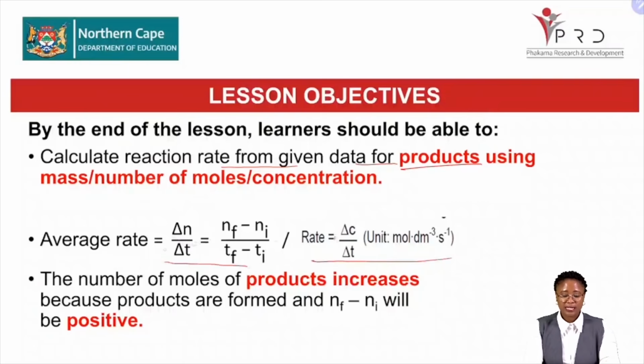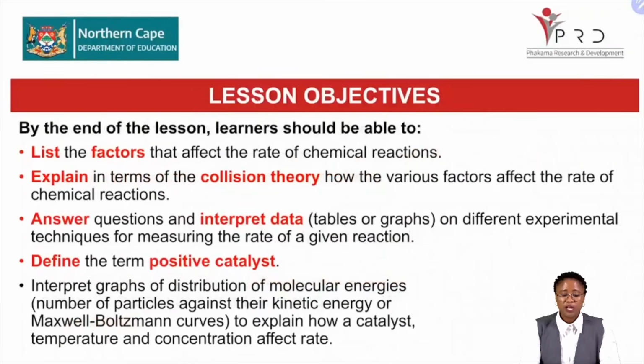Because the products are increasing as the reactants are being used up, okay? The products are increasing because the new products are being formed. That's why we have a positive value. And remember that when you calculate the average rate or the rate of the reaction, the answer must always be positive.